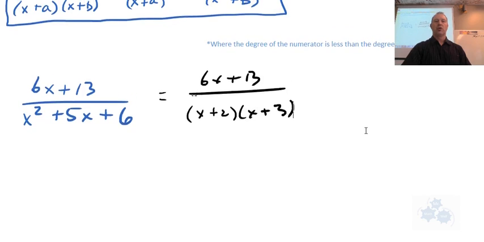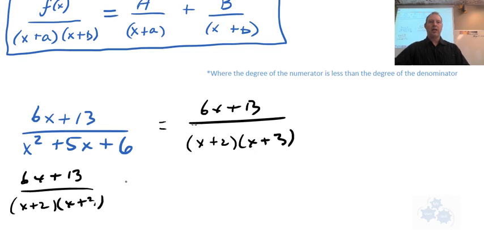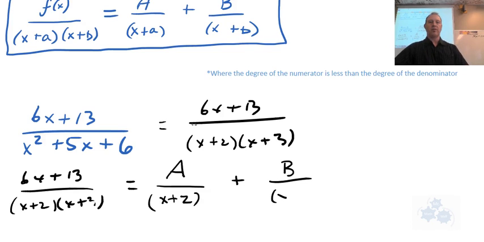Okay. So the format is this: 6x plus 13 over x plus 2 times x plus 3 should equal this: a, some number, numerator, over one of these factors, plus separately another constant numerator over the other factor.